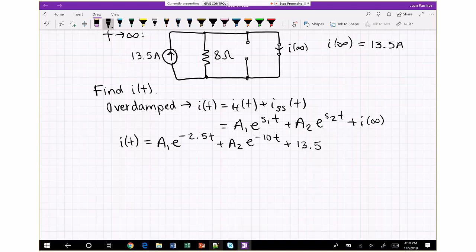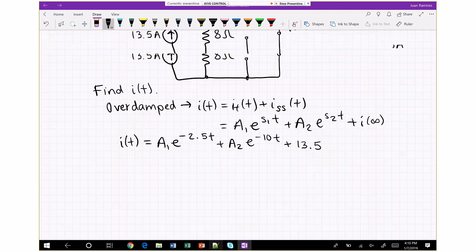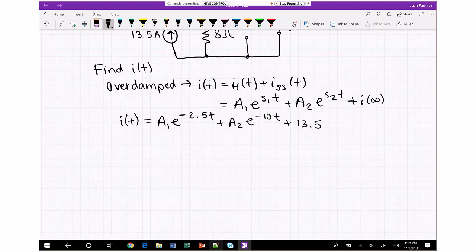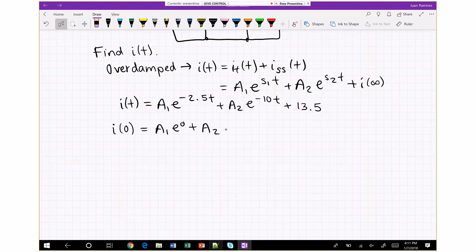Okay, now let's plug in our two initial conditions. We said the initial inductor current was 4.5 amps. So A1 e to the 0 plus A2 e to the 0 plus 13.5 is equal to 4.5. So that means A1 plus A2, if we subtract the 13.5 on both sides, will give us -9. So our first equation.